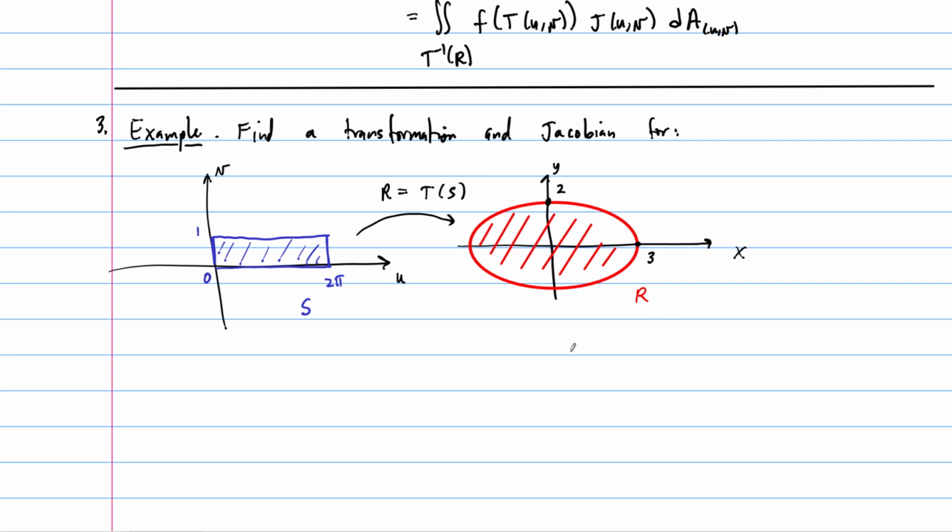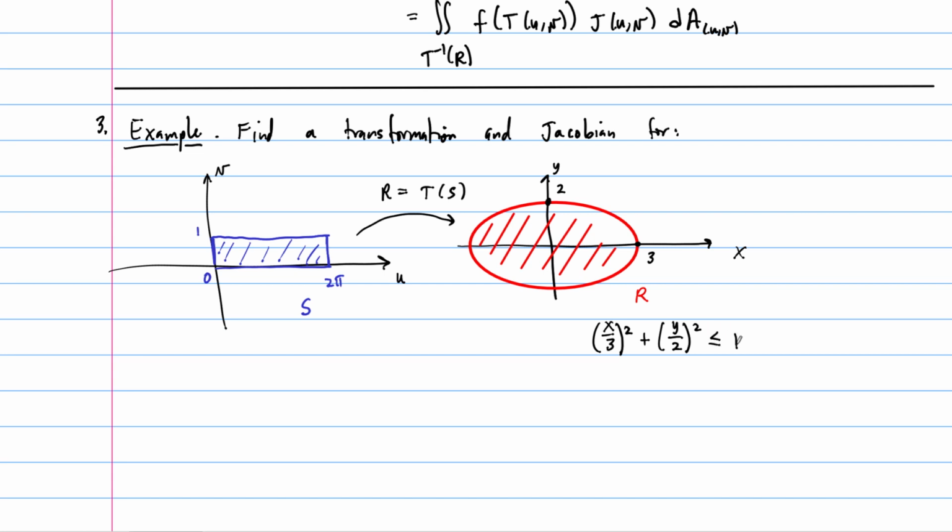Now, I've chosen this very specifically. I'm going to write out the equation of this ellipse in its rectangular coordinates. This one passes through x equals 3 and y equals 2. It's centered at the origin. So the equation of this domain is going to be that (x over 3) squared plus (y over 2) squared should be less than or equal to 1.